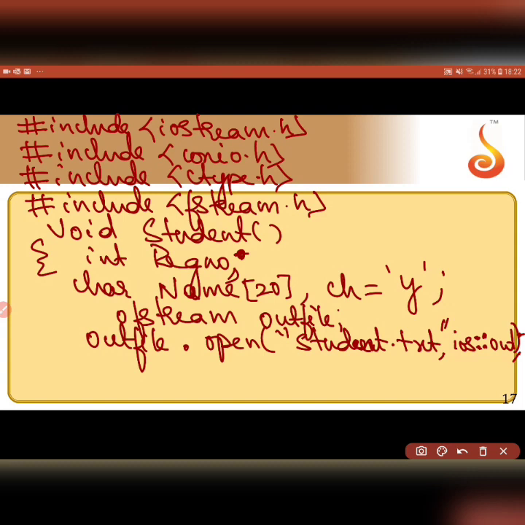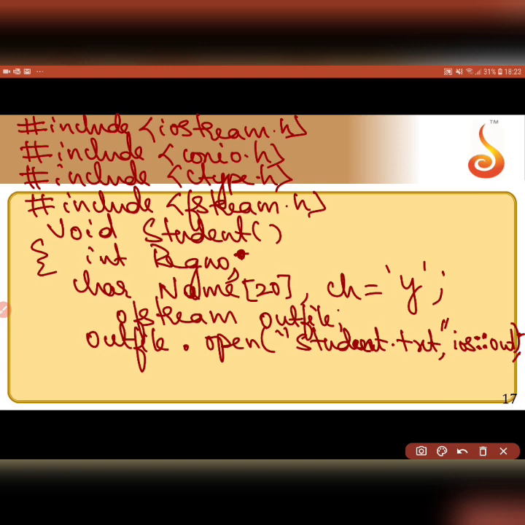Since I am not sure whether the user would want to enter 10, 5, 50, whatever number of students' details, I will be using a while loop, because with a for loop I should know beforehand how many students' data I am entering. But here I am giving the choice to the user, so any number of students' data can be entered. So let me say I will be using the while loop. Please make a note of this.